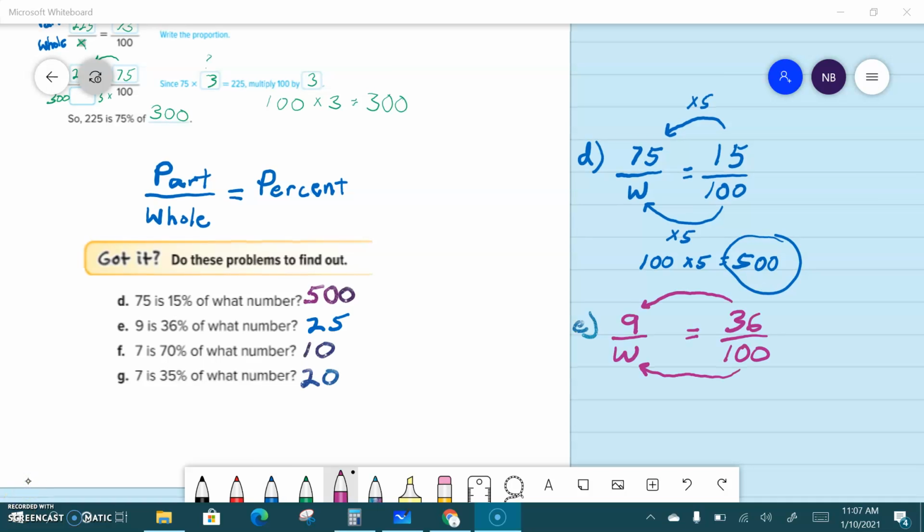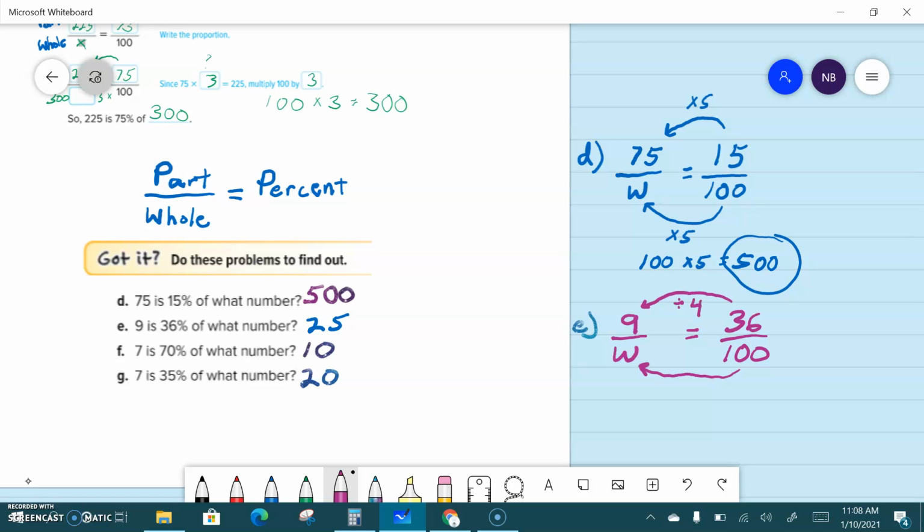Okay, so if you look at letter E, we're going from a bigger number to a smaller number. For D, we were going from a smaller number to a bigger number, okay? So since we're going from a bigger number to a smaller number, we're going to have to divide. So 36 divided by what equals 9? And if you do 36 divided by 4, you get 9.